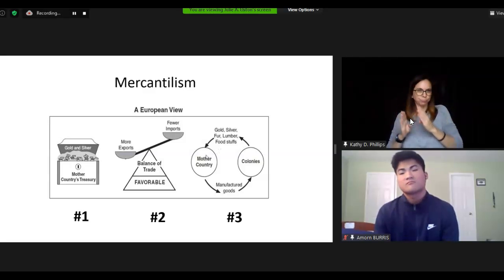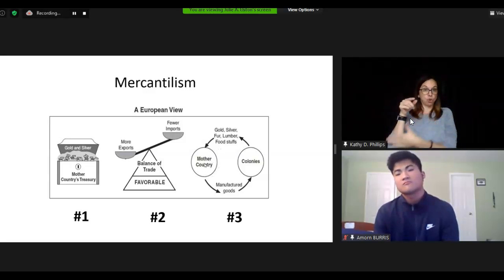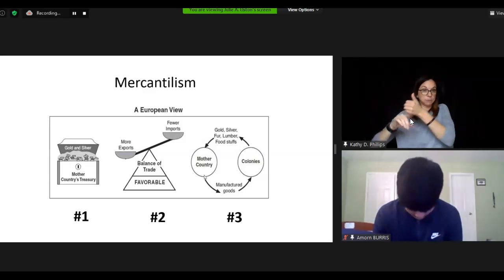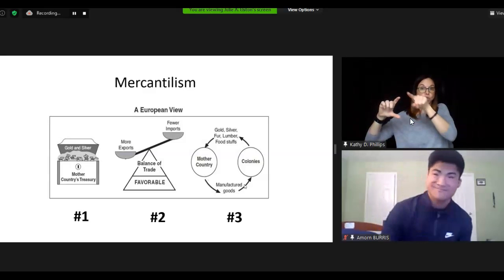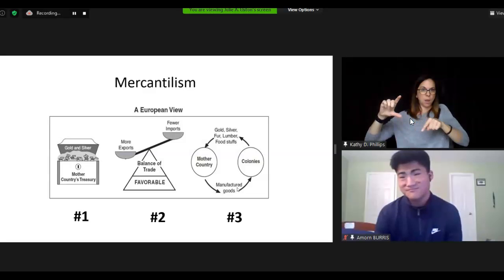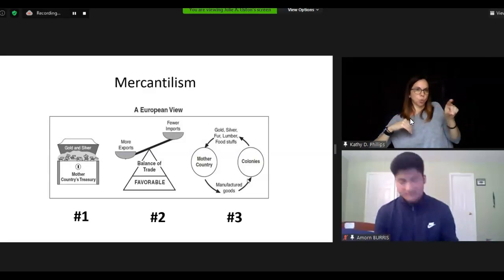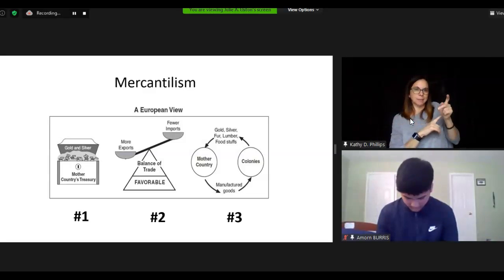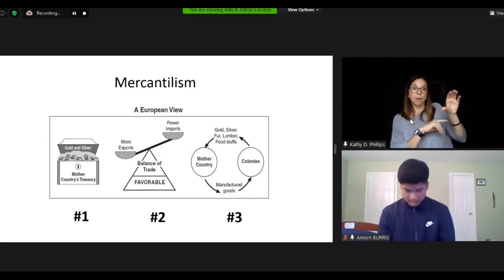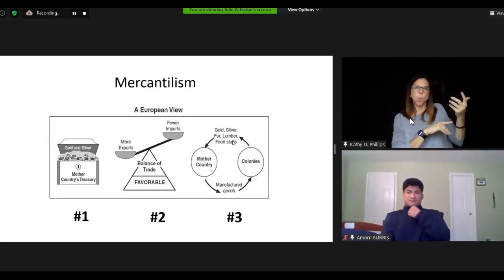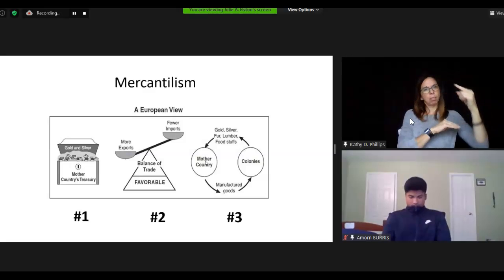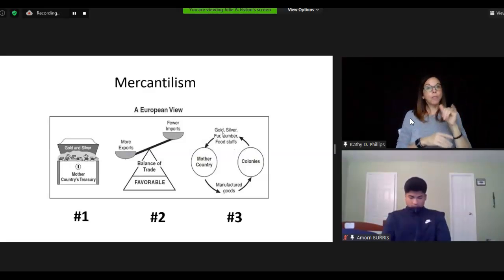If we start with the mother country, right, that's England. And so out of the circle here, if we follow it across, England is sending out manufactured goods. That's the exports, right? You want to export your products and sell them abroad. From the colonies, what are the colonies sending back to the mother country? All those raw materials, right?